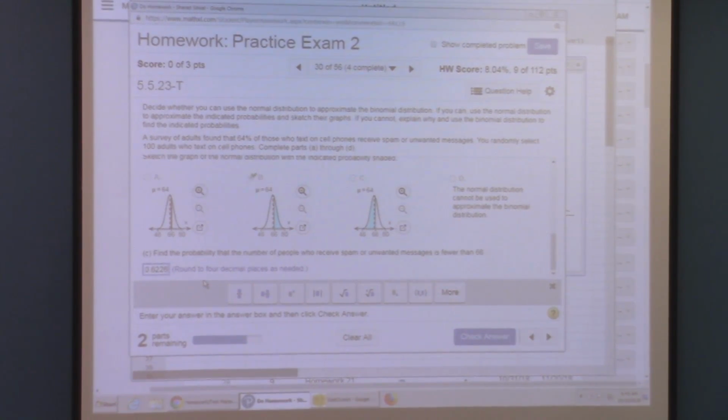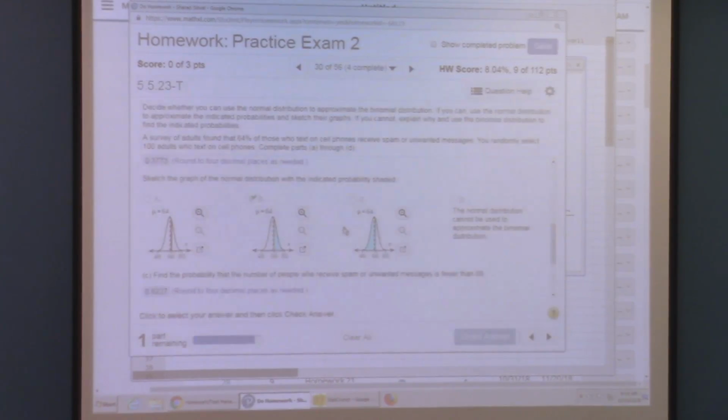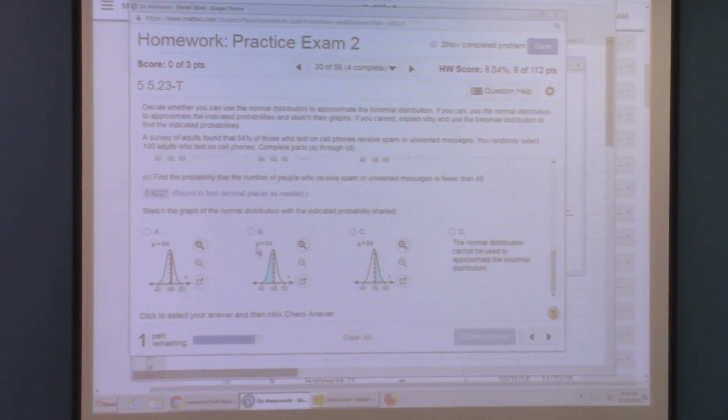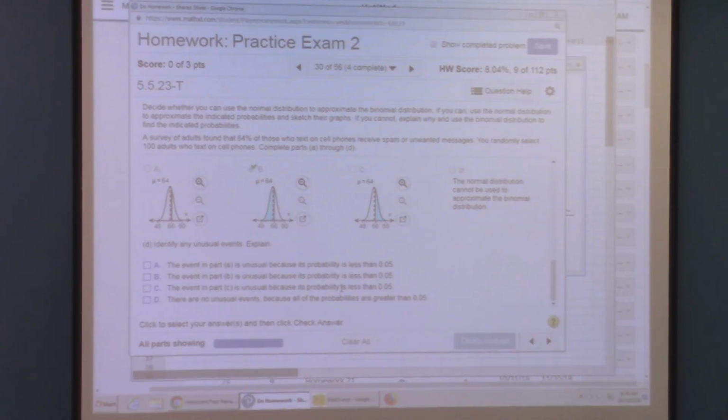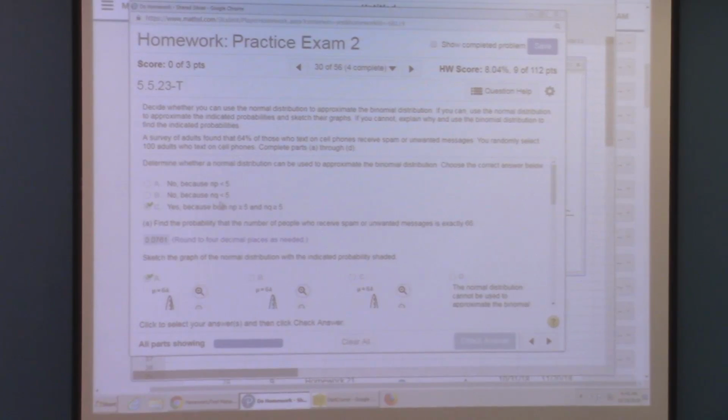Round to 4 decimal places. And the picture is that. And it's asking if any of these events are unusual, and you check whether or not it's unusual by looking at the probability value, right?